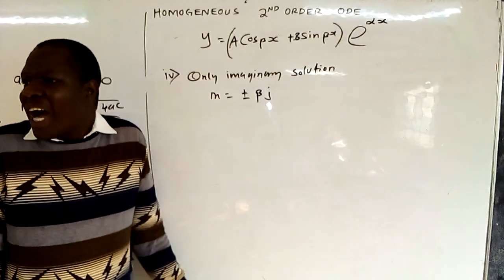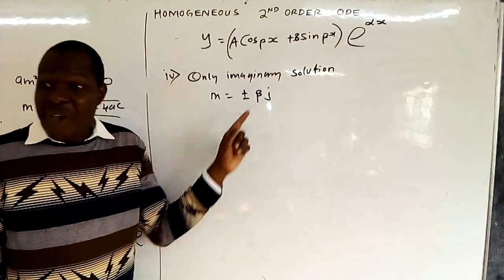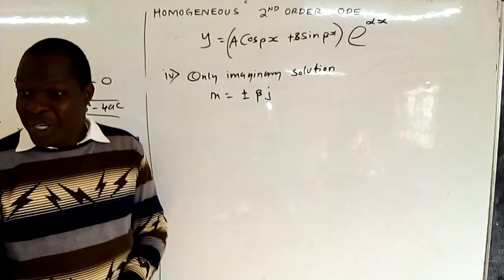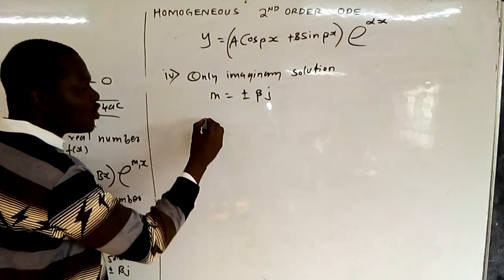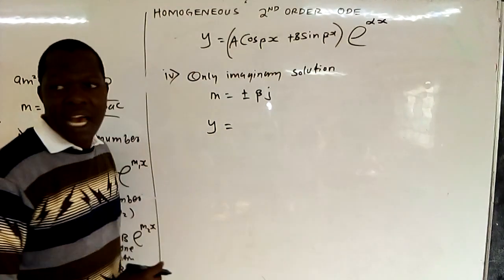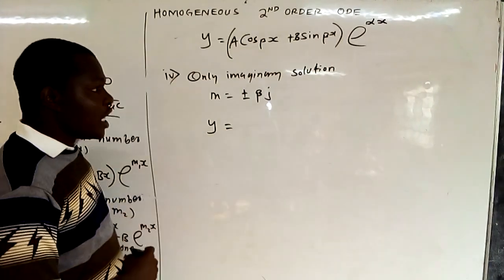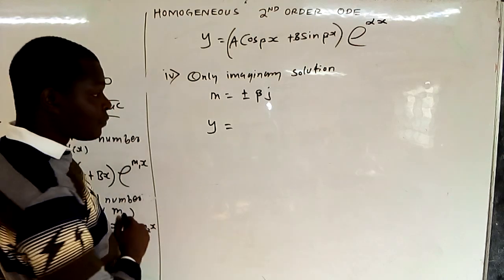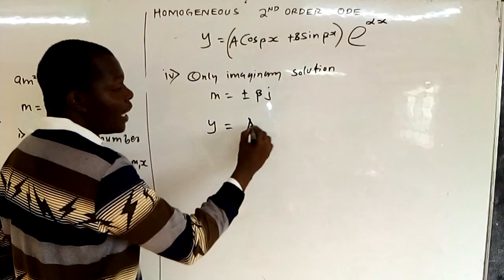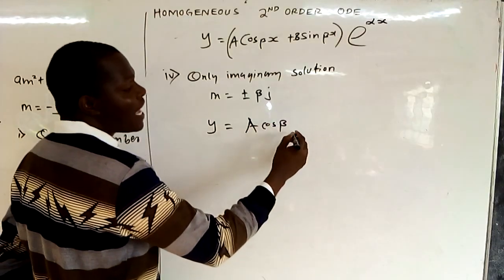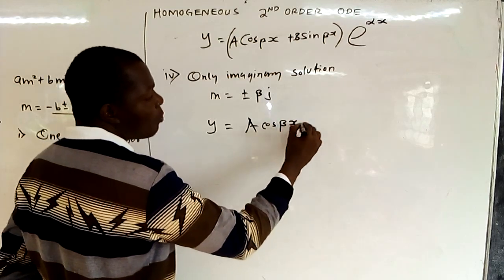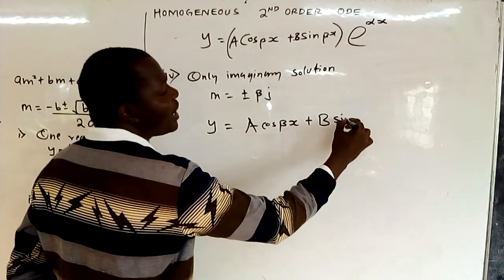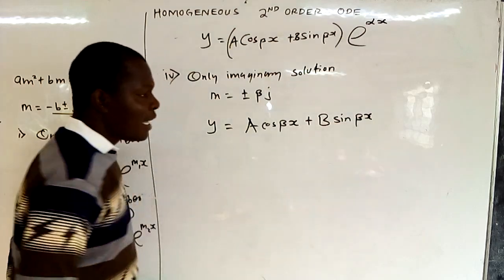It doesn't matter how many beta you found, the beta is what we are interested in, isn't it? Are we together? So the solution of your second order homogeneous ODE will be given by A cos beta x plus B sin beta x.